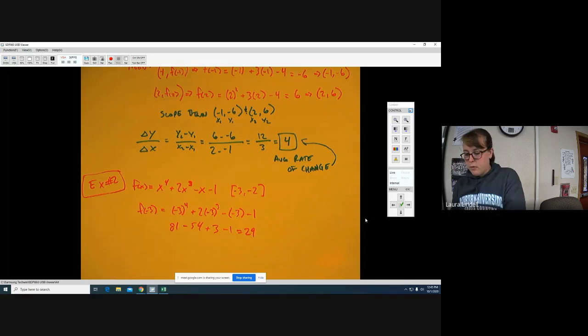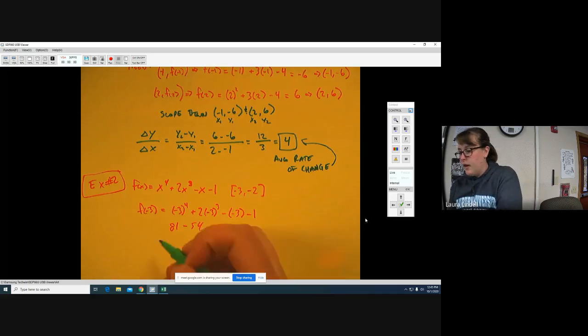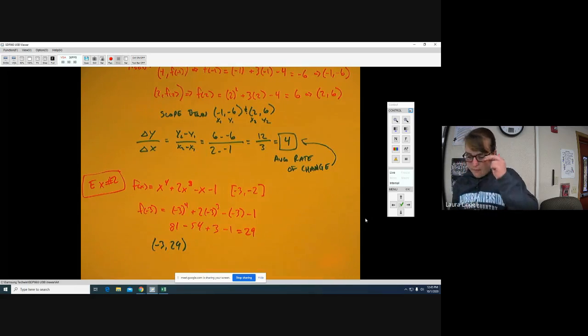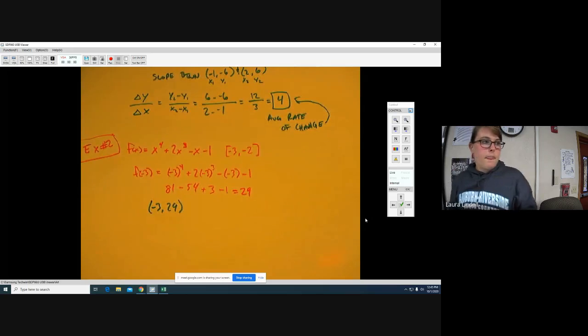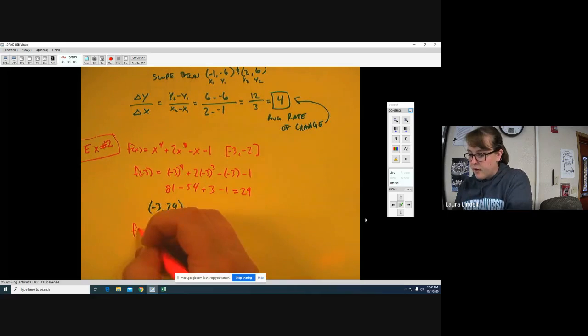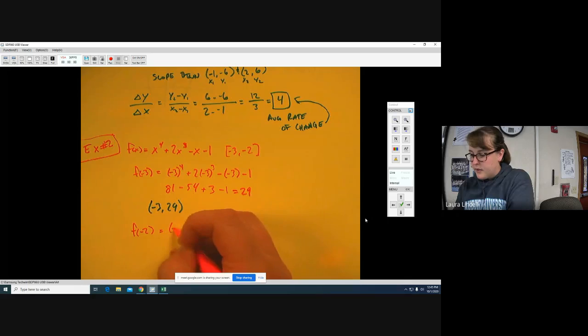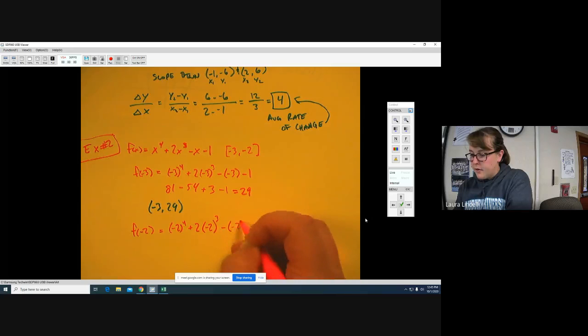So one of the coordinates we're working with here is the point (-3, 29). Then we have to do f(-2), which is (-2) to the 4th + 2 times (-2) to the 3rd - (-2) - 1.